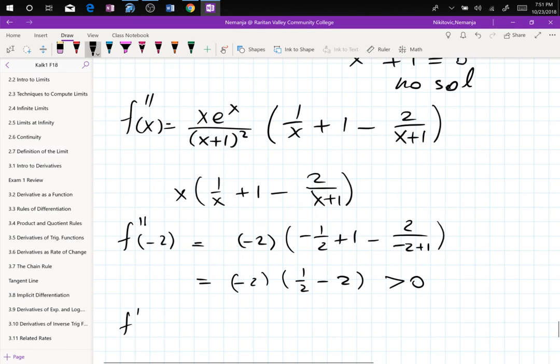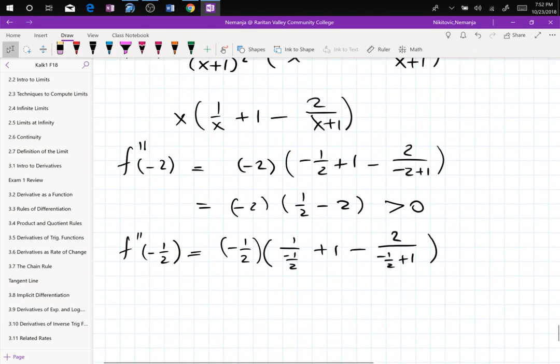Then the next value we want to test is -1/2. So that's -1/2 times, and I have 1 over -1/2 plus 1 minus 2 over -1/2 plus 1. Compute this.